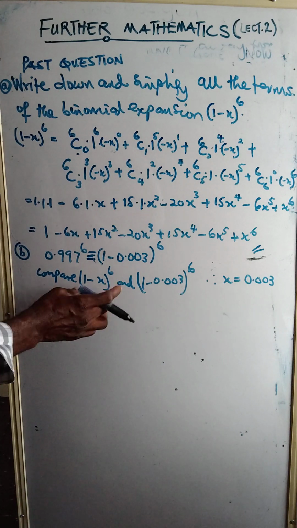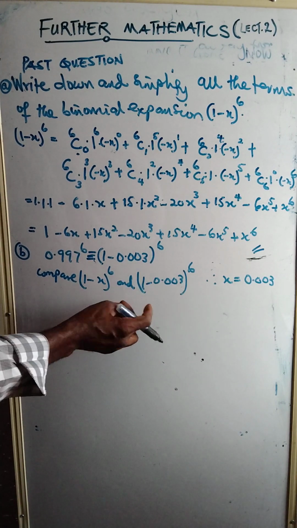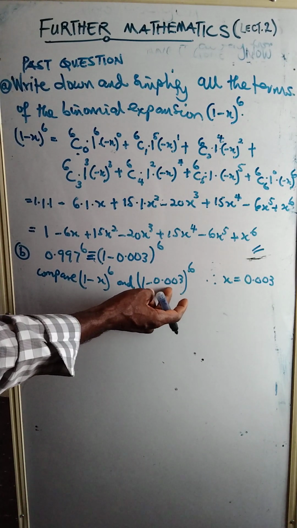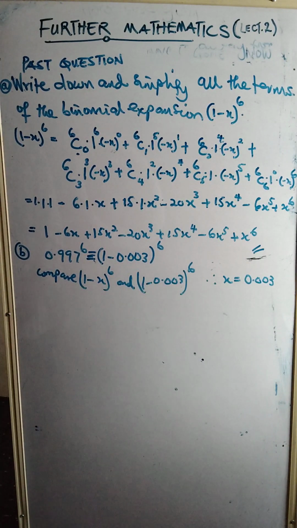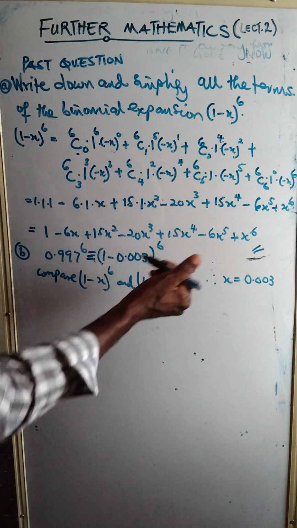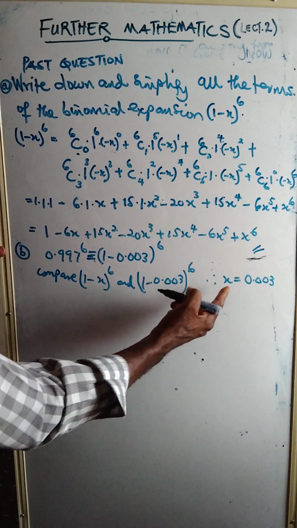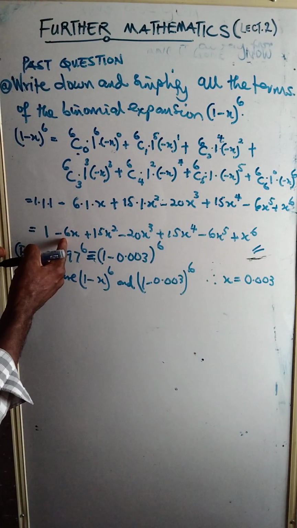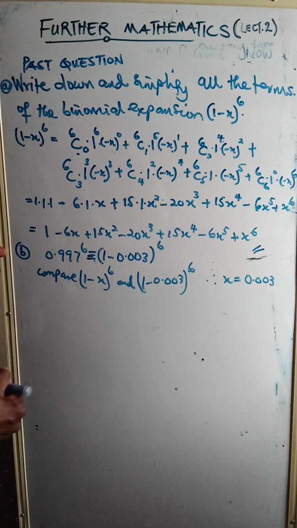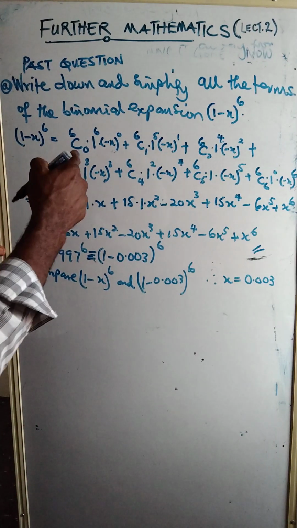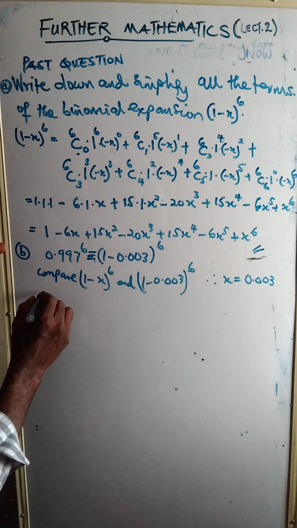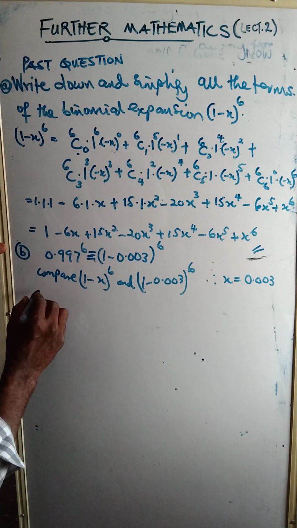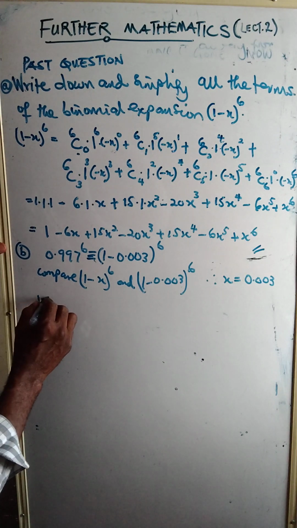If you equate this, it means x takes the position of 0.003, every other thing being equal. So what we are going to do in this case is substitute the value of x into the original expression, in a way that it will give us 4 decimal places.